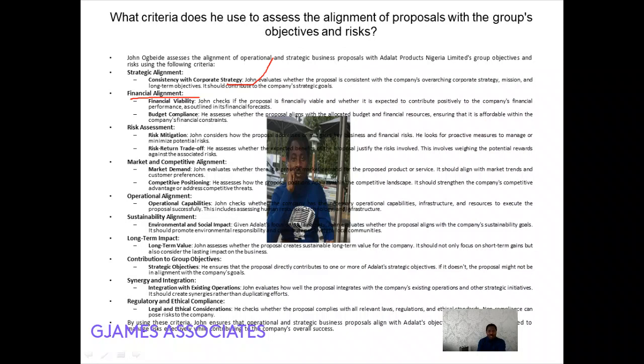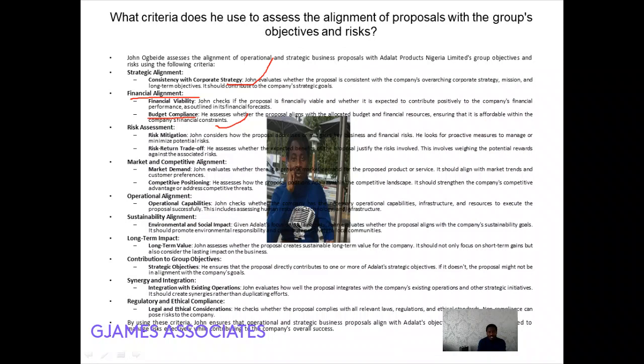Then budget compliance. He must assess whether the proposal aligns with the allocated budget and financial resources, ensuring that it is affordable within the company's financial constraints.